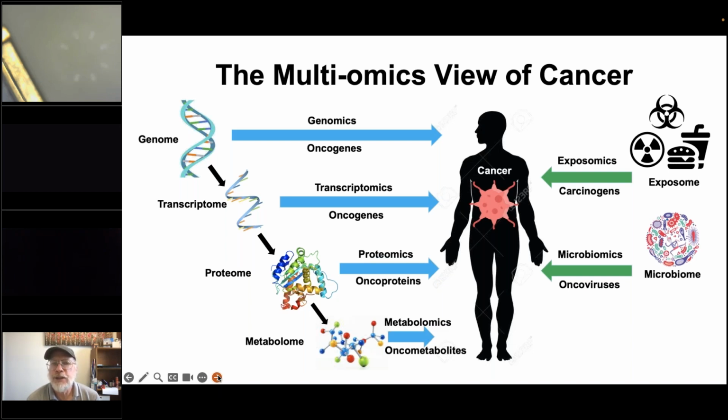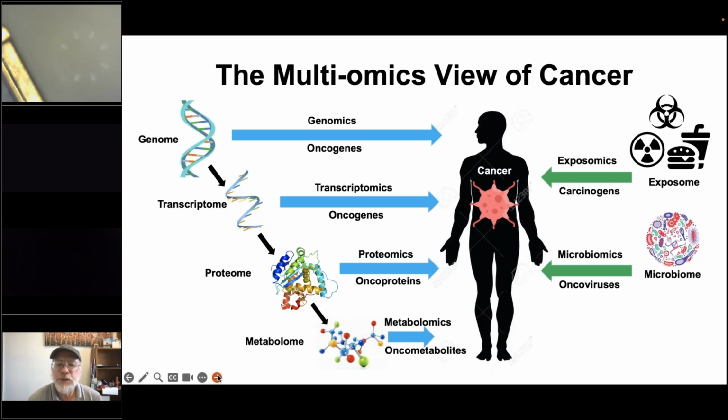And these are endogenous activities that happen. Cancer has traditionally been viewed as more of a genomic disease. In fact, the very first important genes identified that cause cancer are called oncogenes, and that's still where our major focus is. Of course, oncogenes are transcribed to produce oncogene transcripts.